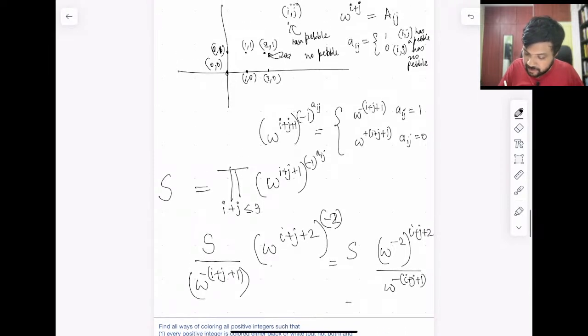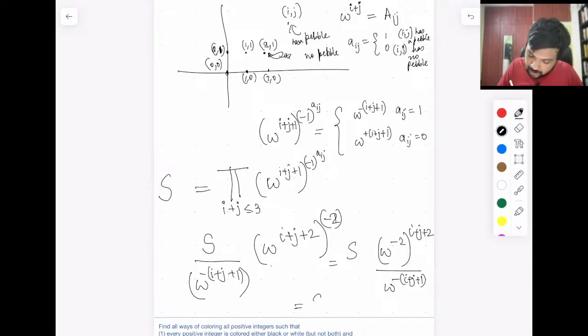I didn't do this calculation with i+j+1, I did it with i+j. So let's see. You can take omega power minus 2 common out, then you will have omega power minus 2 power (i+j+1) divided by omega power minus 1 power (i+j+1), which is nothing but omega to the power minus 1 power (i+j+1).